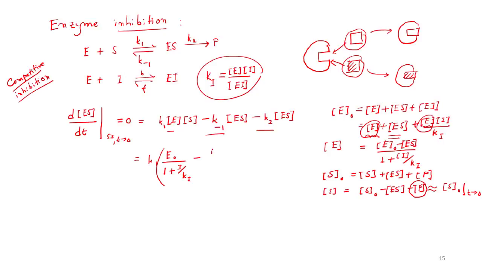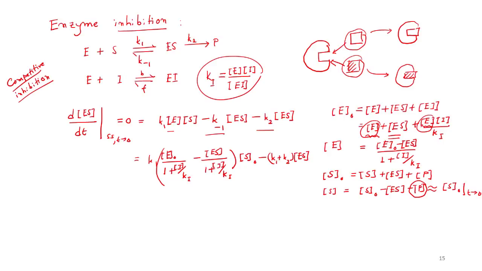I'm just separating the terms, because I'll collect the terms which are ES, the enzyme substrate complex, 1 plus I by Ki. This will be I, the concentration of I, and then I have S. S is nothing but S0, already you know that, and then I have minus K1 plus K2 into ES, that is equal to 0.